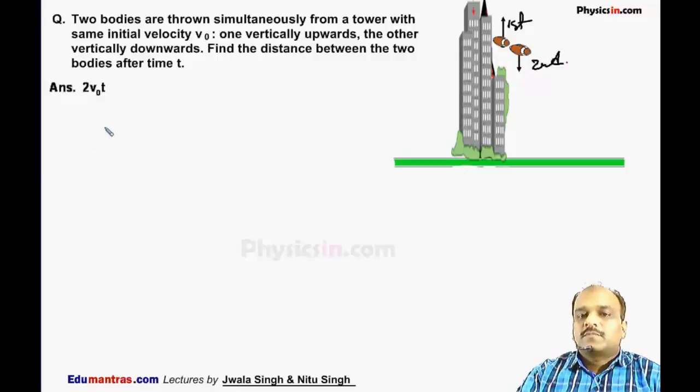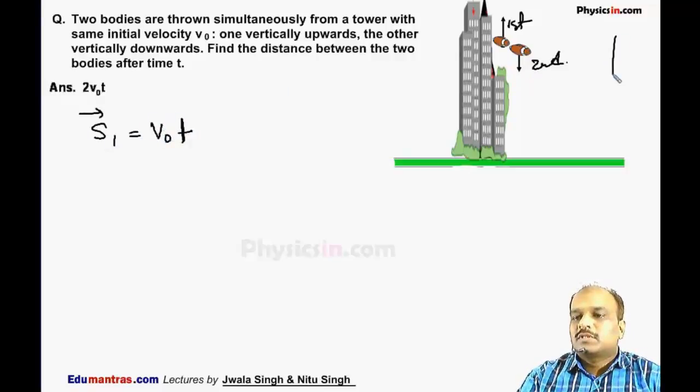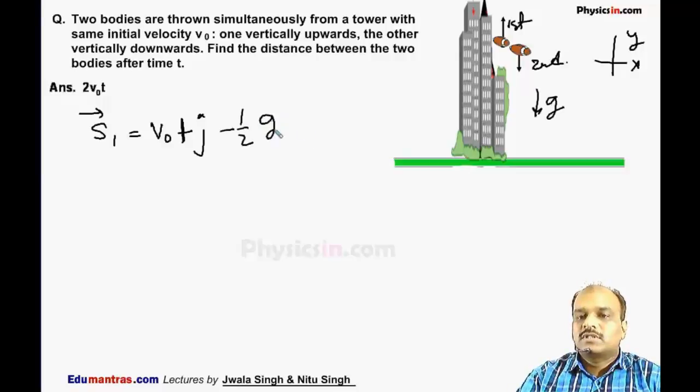So the displacement of the first ball, S1, is ut, that is v naught into t, because we are assuming this upward direction as positive. This is x axis, y axis. So it is v naught j cap into t plus half g t square, where g is directed downward, so it is minus half g j cap into t square.